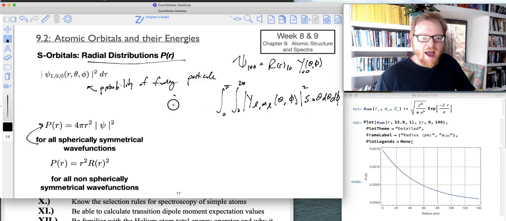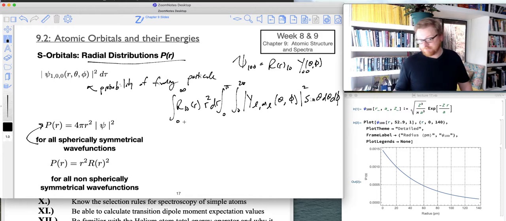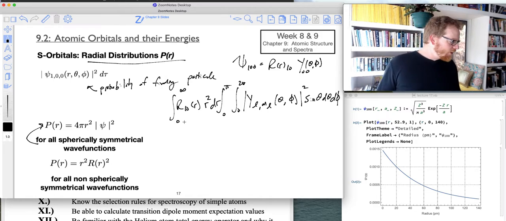And then we also have that radial component, R_10 of r times r squared dr, from 0 to infinity. So we recognize that all of this is normalized in the sense that it's all equal to 1, okay?